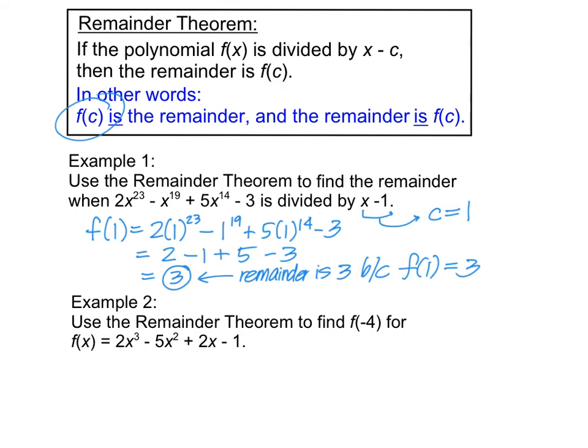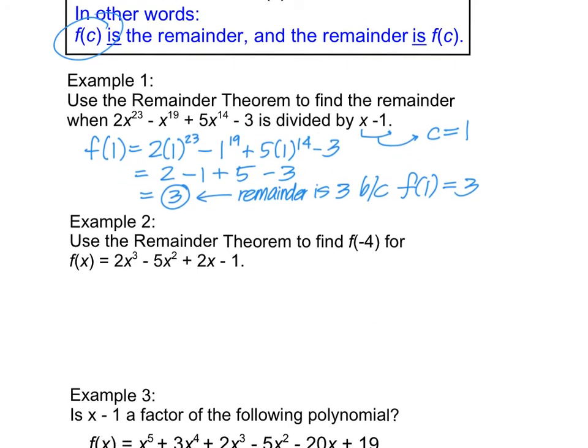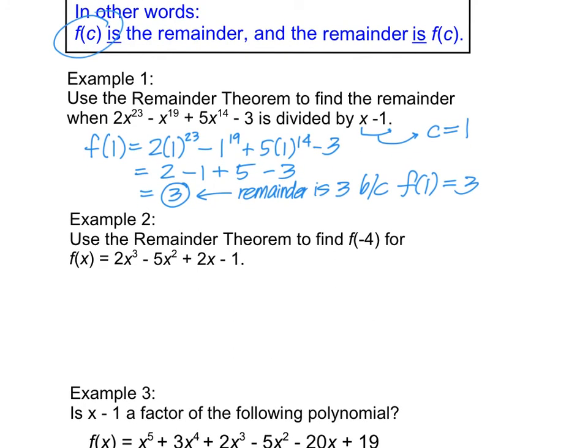Use the remainder theorem to find f of -4 for this. And so we're going to use the remainder theorem in reverse. And what I mean by that is that I am going to divide.